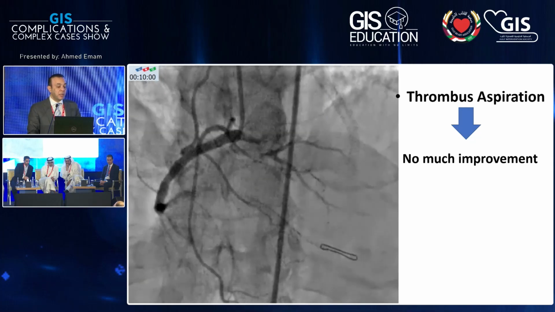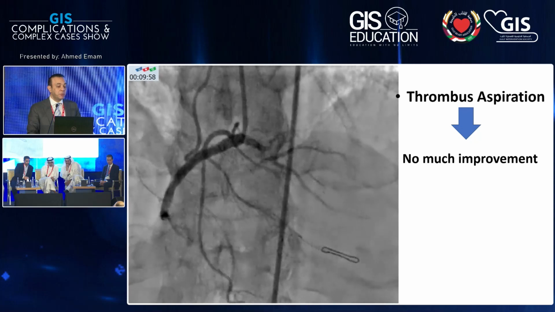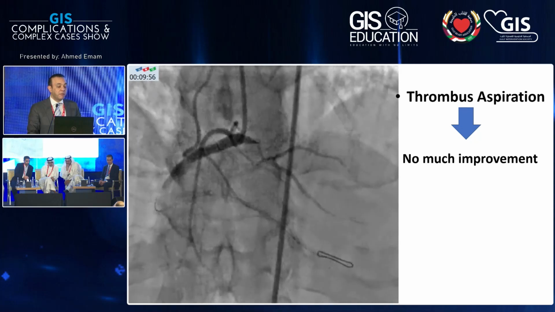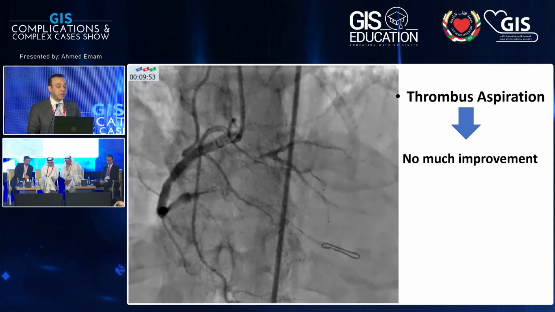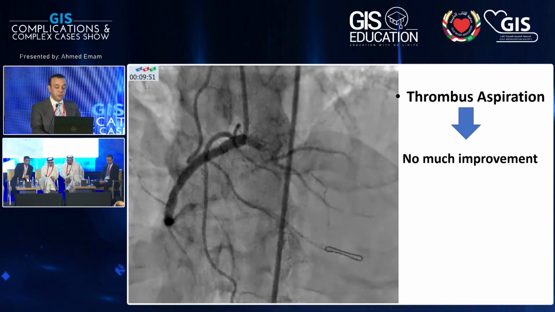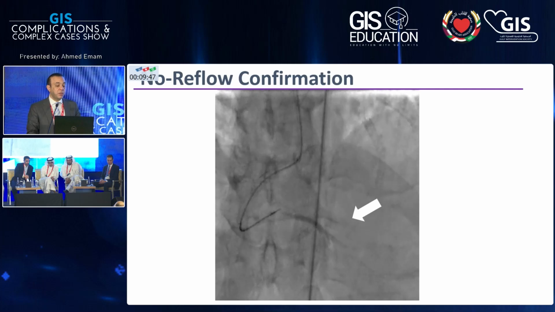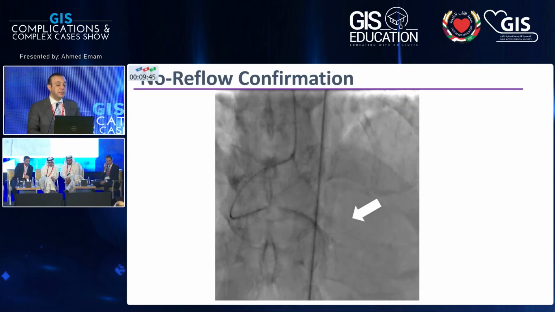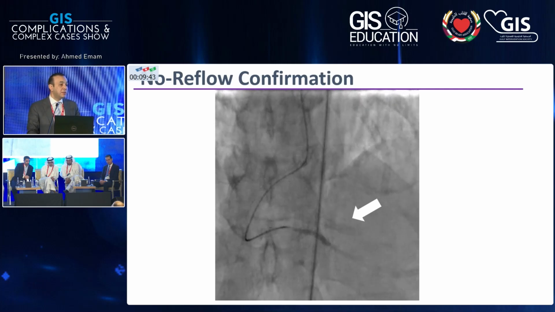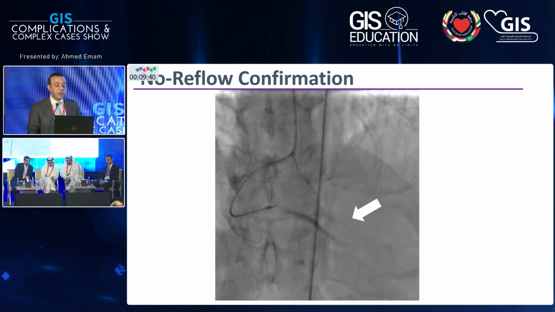Maybe no reflow is the cause here. Maybe others, like diffuse spasm or dissection, thrombus, whatever. So again, I went distally with the microcatheter, and you can see here how the flow is impaired compared to my first patient.